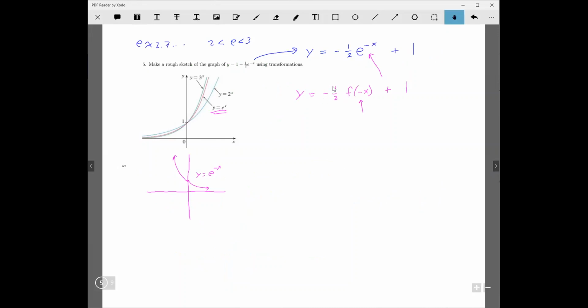Now this negative 1/2 here. Well, the 1/2 is going to shrink it because it's vertical now. It's going to shrink it, and then the negative is going to flip it over.